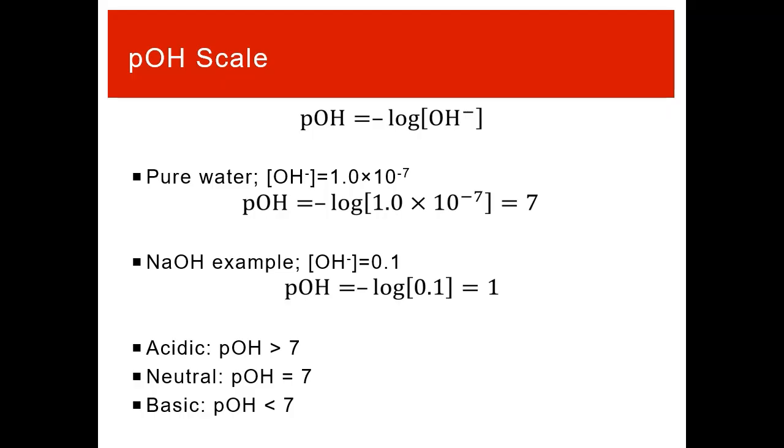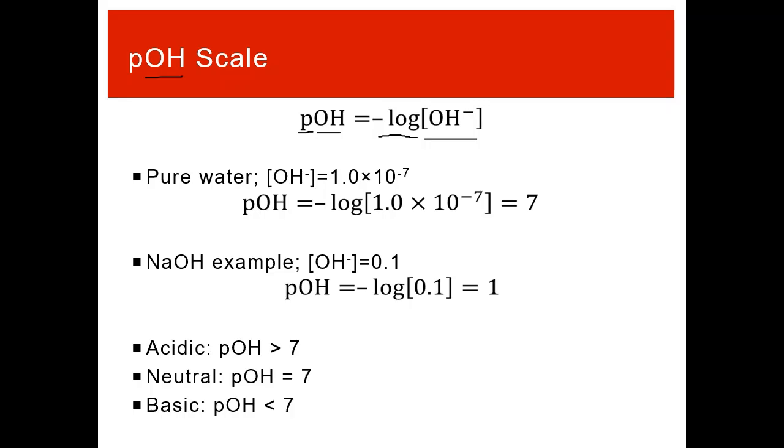There's another very similar metric called pOH. You'll note that the O is slightly different. The p still stands for power, so there's still the negative log, but now it is OH, so you use the concentration of hydroxides. Again, hydroxides are part of the equilibrium with hydroniums, so you can have the same idea. You're just looking at the hydroxides.